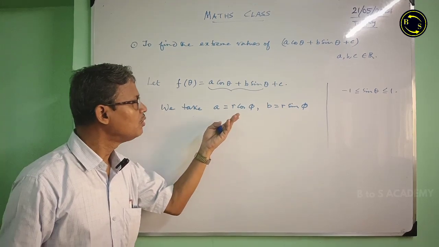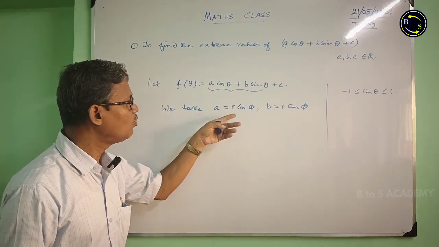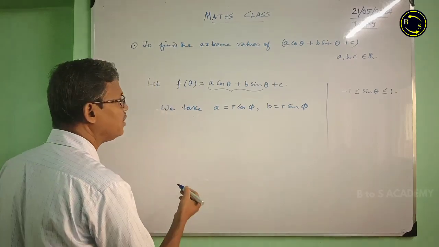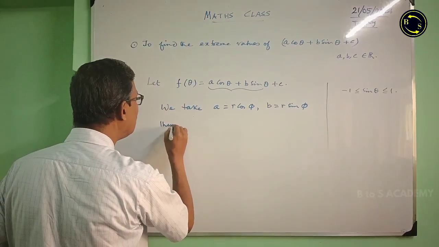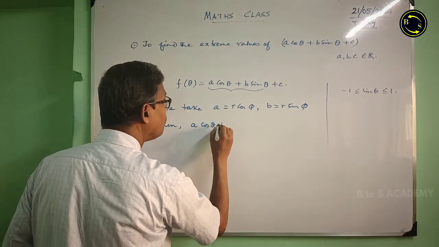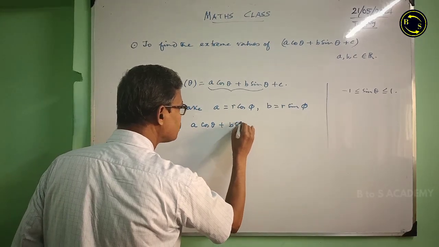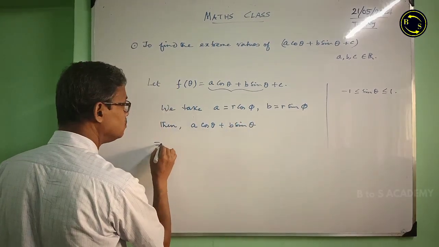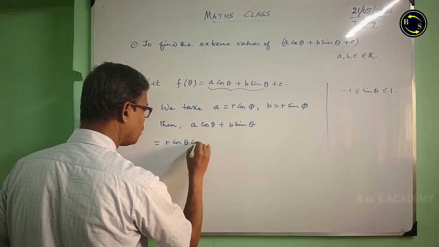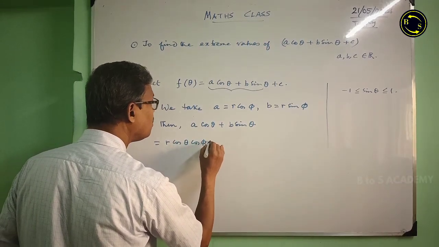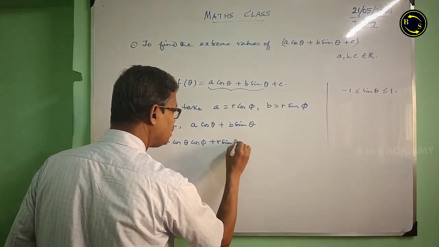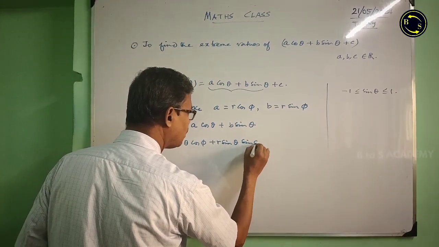You can also take a equal to r sin phi, b equal to r cos phi. Then a cos theta plus b sin theta becomes r cos theta cos phi plus r sin theta sin phi.